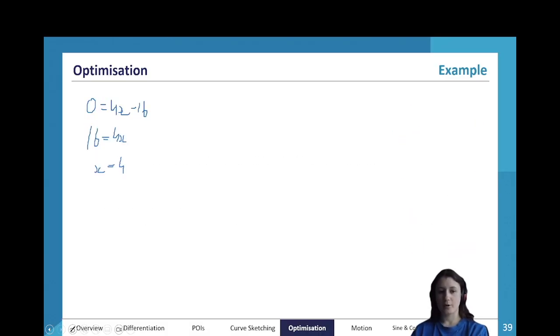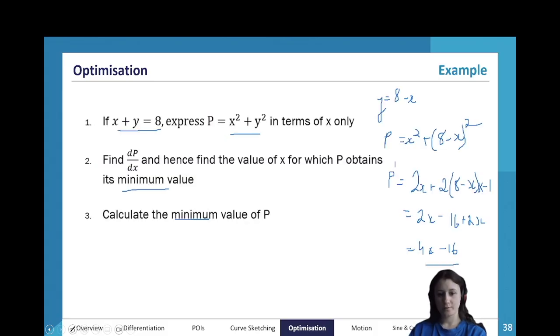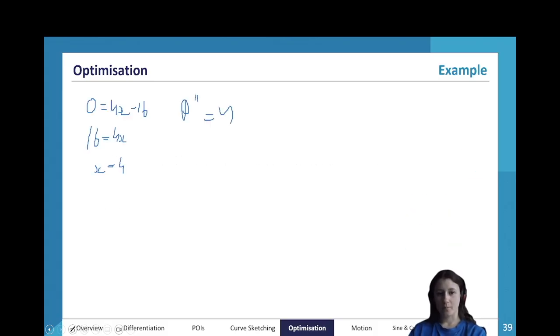And now we also just need to check from here that this in fact is a minimum value, so we'll use our second derivative test. So our second derivative will be 4. Right, just the derivative here. Will be 4, and this tells us that the curve is a minimum.